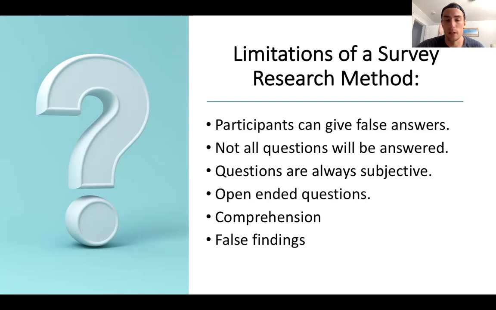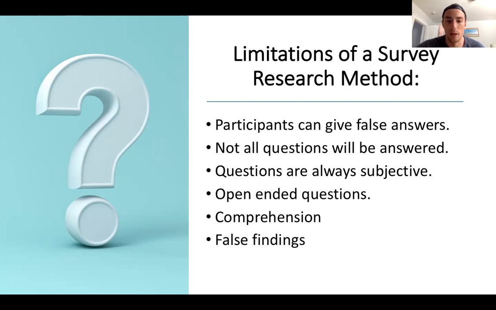Open-ended questions, again, are difficult because you can get run-on answers that don't really hit the mark of what you're looking for. Comprehension, again, is the person able to understand what you're asking, or are different people having different interpretations of your question.